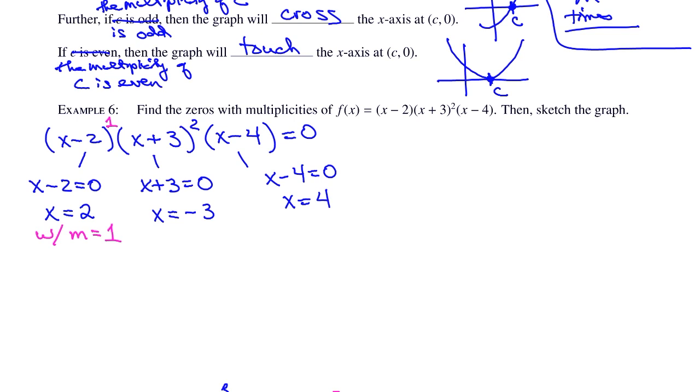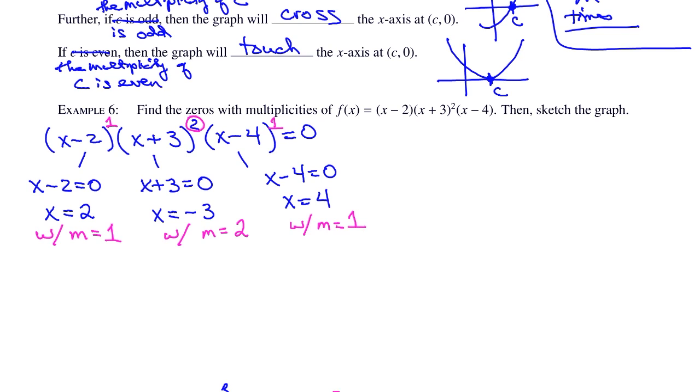The power on x plus 3 was 2, so that means negative 3 is a root with multiplicity equal to 2. And finally, the exponent on x minus 4 was a 1, so that means the multiplicity of the root 4 is 1.